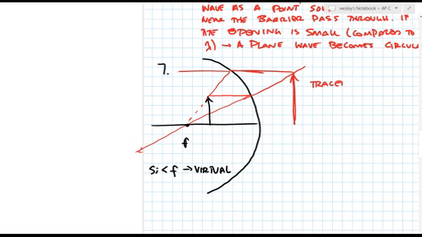So the traced back rays meet behind the mirror. That gives me a negative image distance.